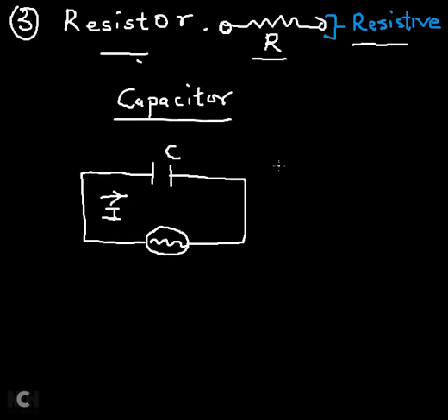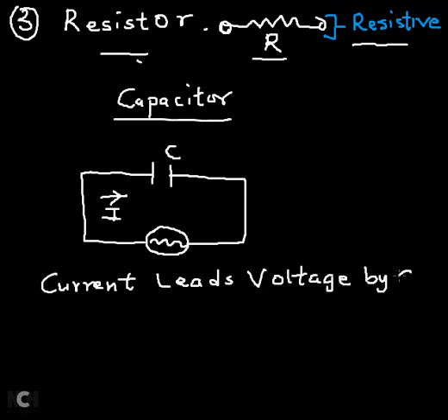Now when a capacitor is connected across an alternating current, you discover that the current leads the voltage by a phase angle of 90 degrees.